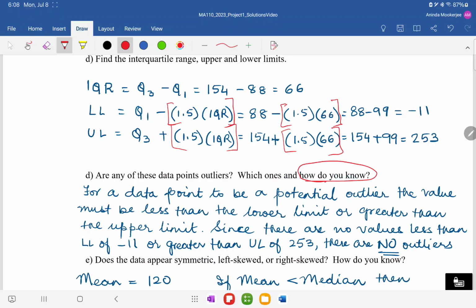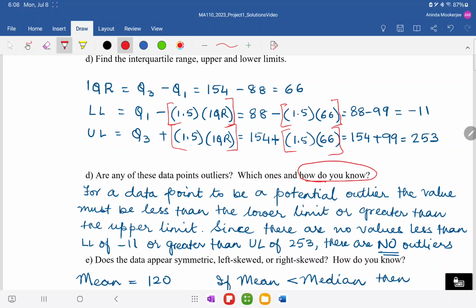To answer this question, the first sentence explains how we would know whether some value is an outlier or not. Since there are no values less than the lower limit of minus 11 or greater than the upper limit of 253, we can conclude there are no outliers.